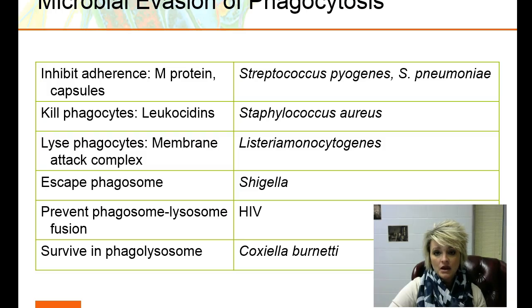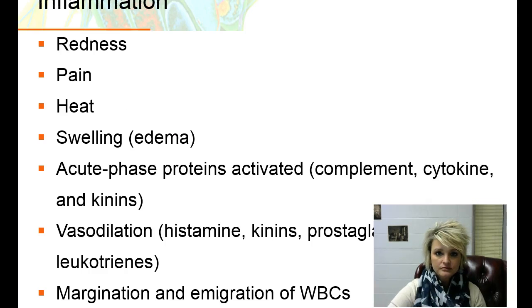Some of them essentially just don't allow the lysosome to fuse with that particular phagosome, and therefore the lysosome never can get inside to start digesting it. So even though we have these cells in place that we're born with, that are supposed to be there helping us, that's not a guarantee that it's going to kill everything.